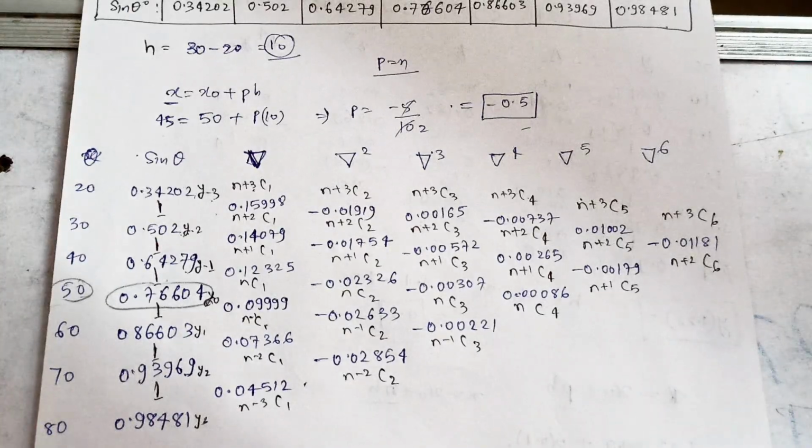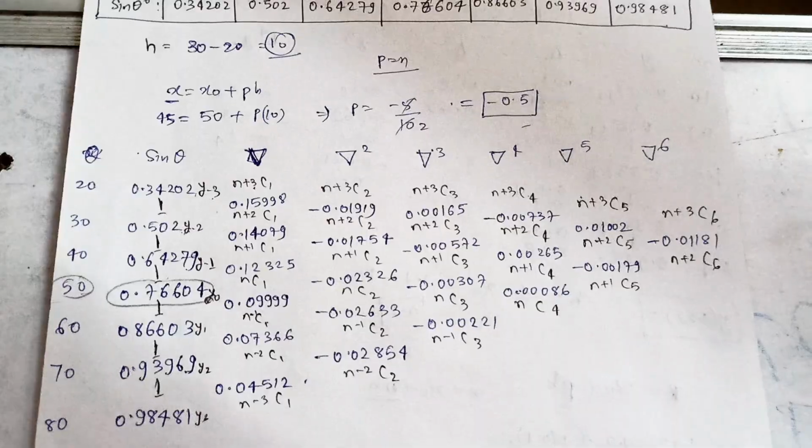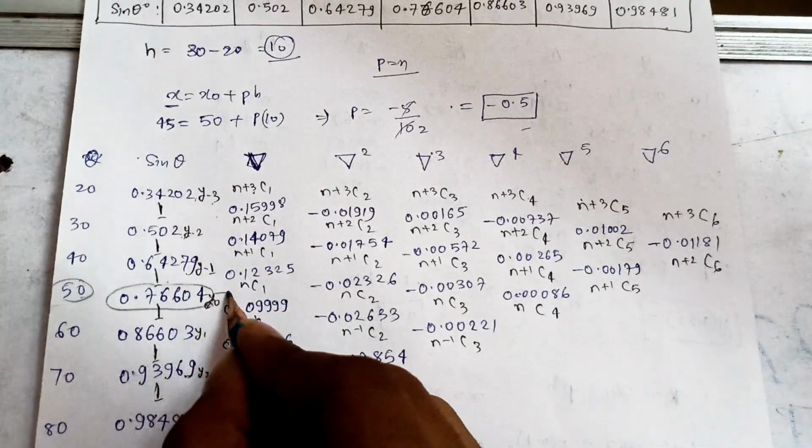Since we have filled in all these values, now we need to find out the formula. According to the formula we are going to fill, firstly we draw the straight line so that we can draw the formula here.